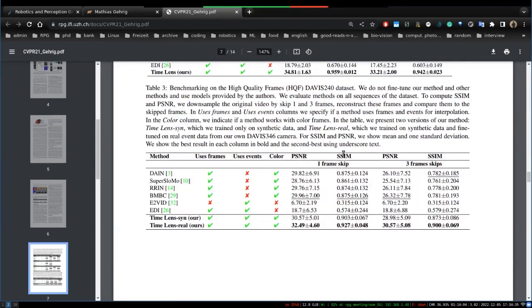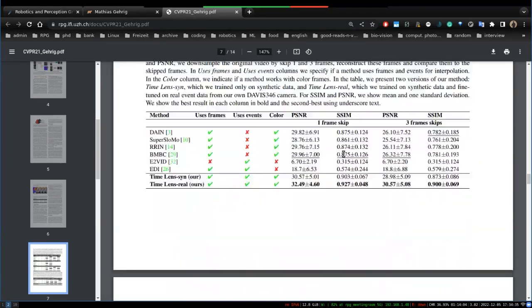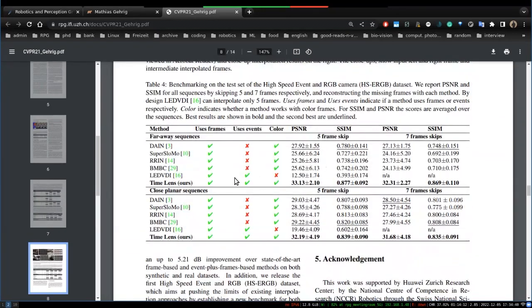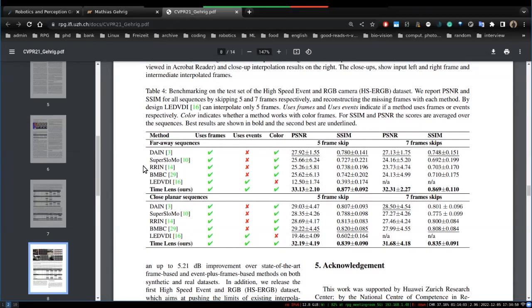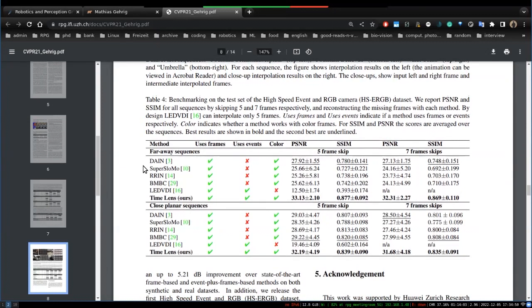We have also recorded our own data set, called HS-ERGB. To have a better, more fair comparison, we have a beam splitter setup where we have frames and events aligned on the same view of the camera. Here you can see a bigger difference. DAIN to Time Lens is about 5 PSNR, and Super SloMo even more. So I think there's quite a big difference compared to what was considered state of the art at that time.